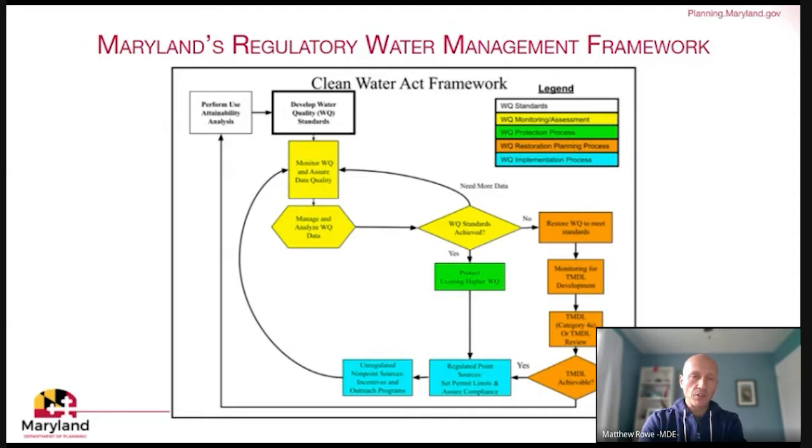We have those in regulation, and they designate the uses of different water bodies and establish criteria necessary to support those uses, whether it's dissolved oxygen or temperature standards for our trout streams. So it really all starts there, and that's in regulation.